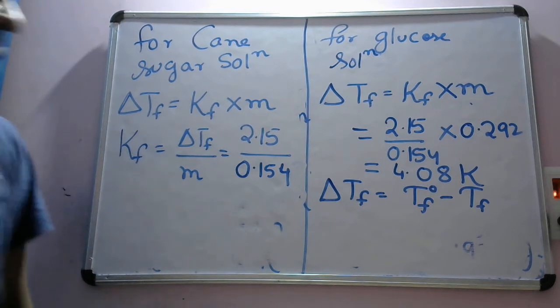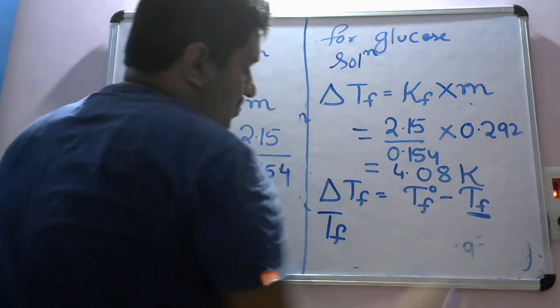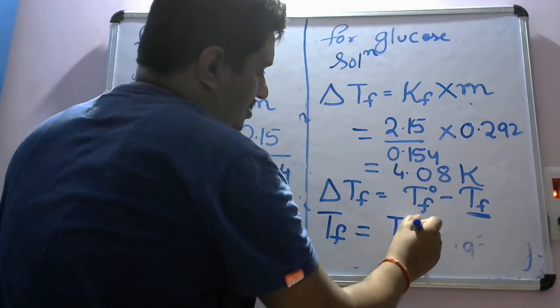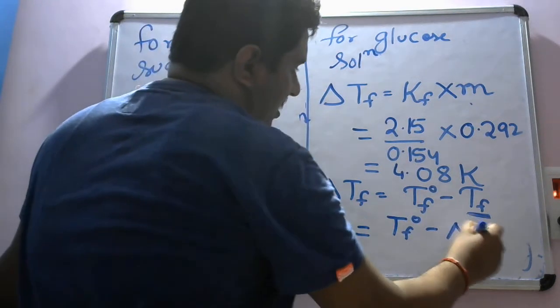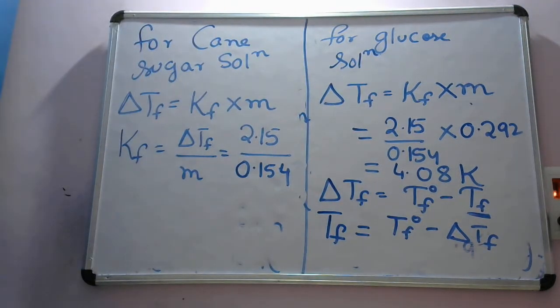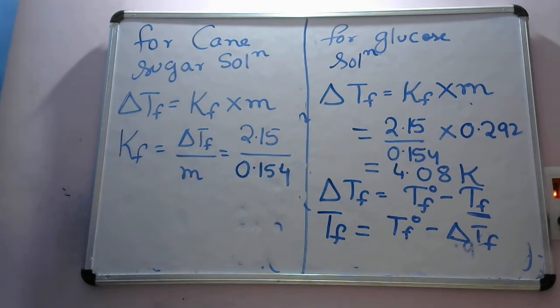So this is the equation. So we want the freezing point of solution, Tf. So what will be from the above equation? Tf naught minus delta Tf, yes or no? If delta Tf equal to Tf naught minus Tf, so Tf equal to Tf naught minus delta Tf.